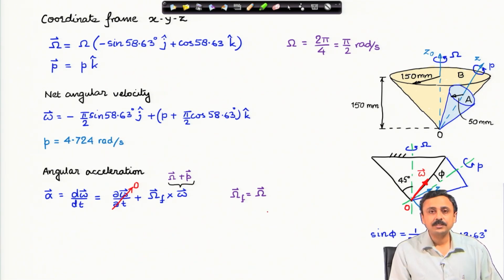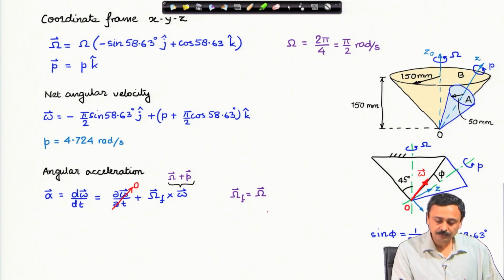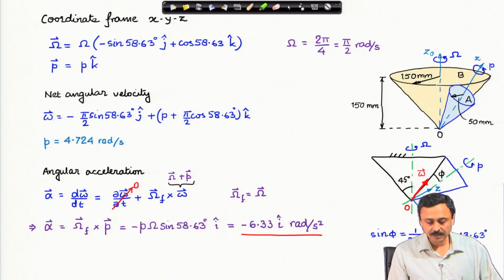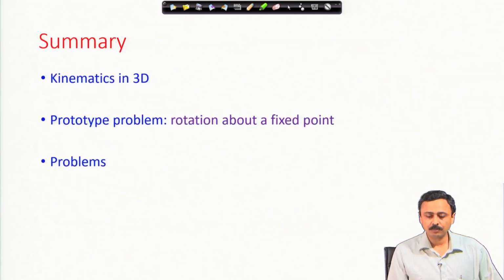Omega f is nothing but omega, and therefore, if you take this cross product, it simplifies to omega f cross the p vector, which turns out to be minus 6.33 I cap radian per second square. This is the angular acceleration of cone A. So, that completes this problem.